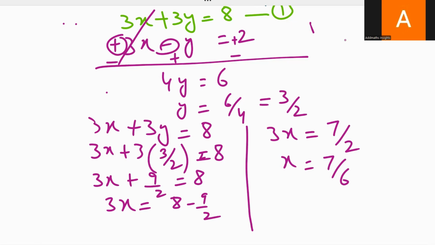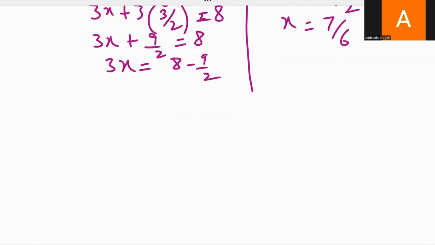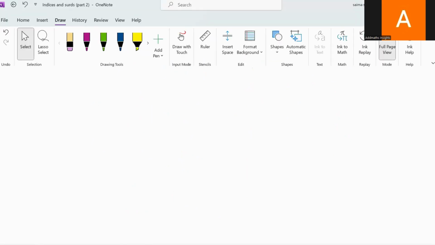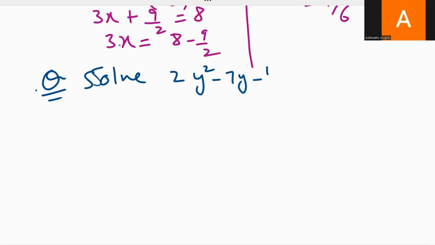Now we do one more question. For example, your question is of the type: solve the equation 2y square minus 7y minus 4 is 0.